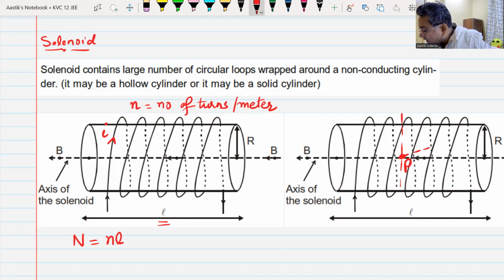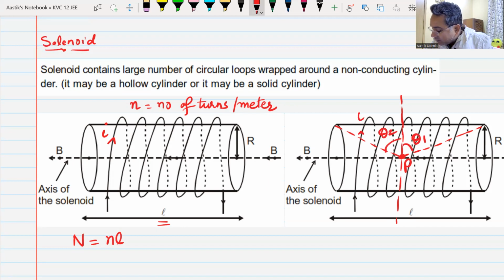How do you find the magnetic field? We can derive the result, but there is no time for us to derive it anymore. So what do we do? I join this point P to the two ends of the solenoid. Whether I join it to the upper end or the lower end doesn't matter, the angle is the same. Then I make this axis, and I call this angle theta 1, and this angle theta 2.